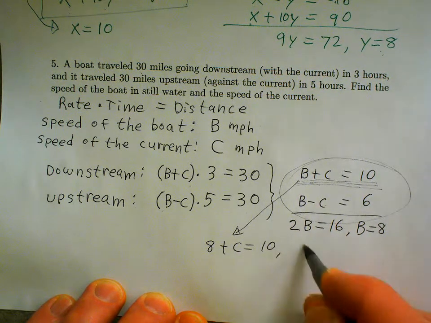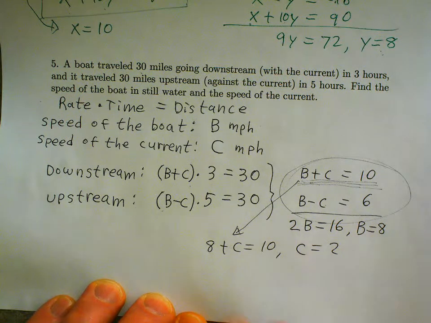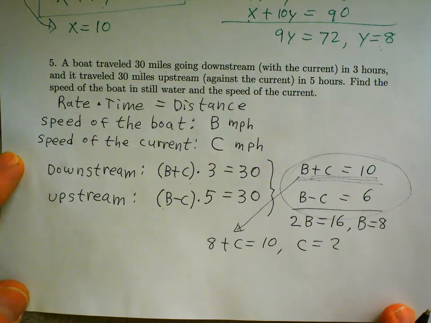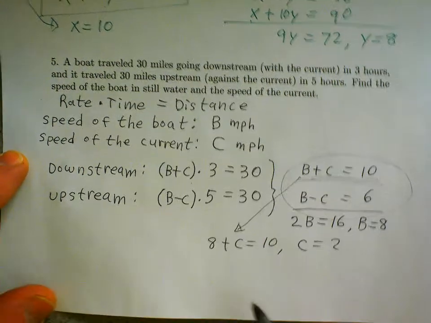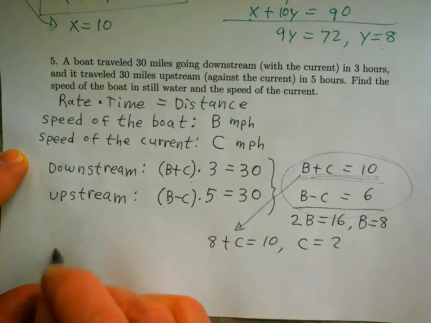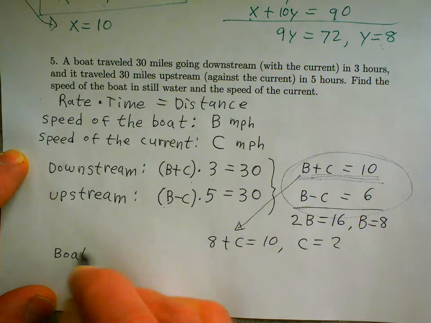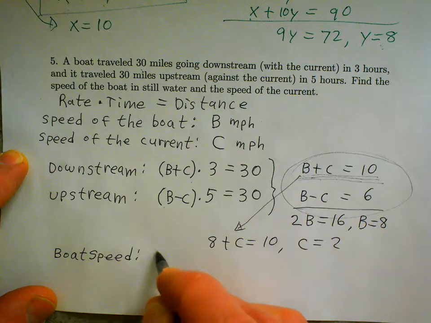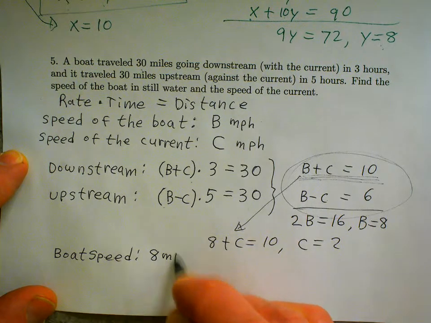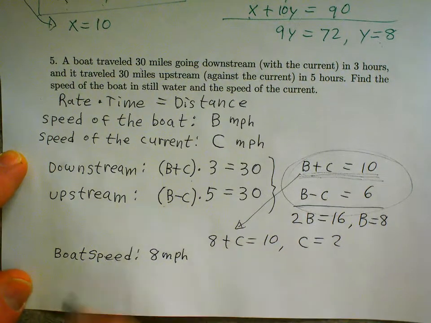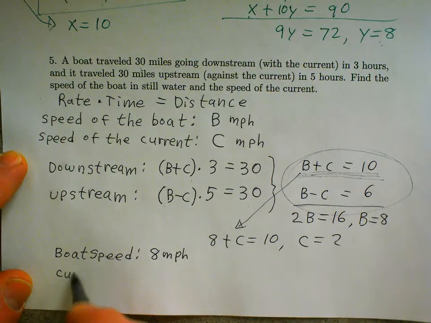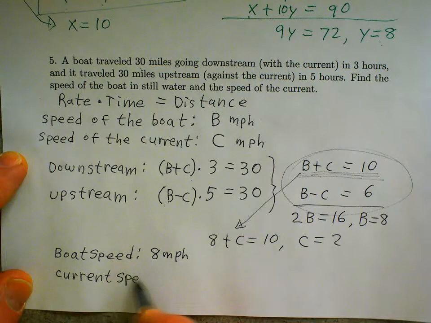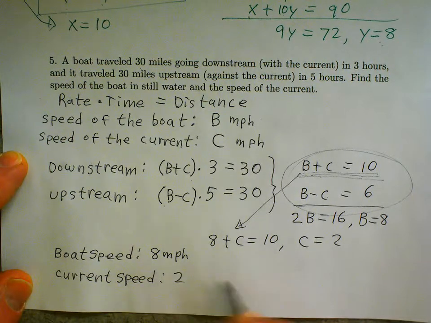So the speed of the current is 2 miles per hour. Okay, so to summarize the results, we can say the boat speed is 8 miles per hour, and the current speed is 2 miles per hour.